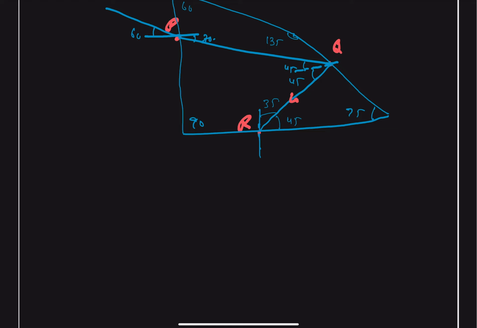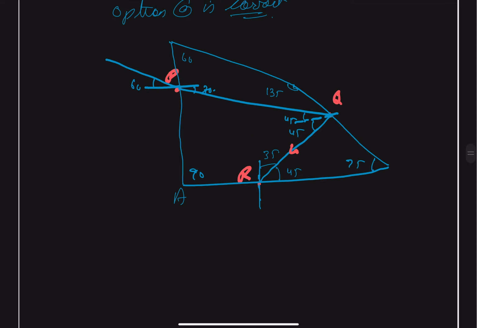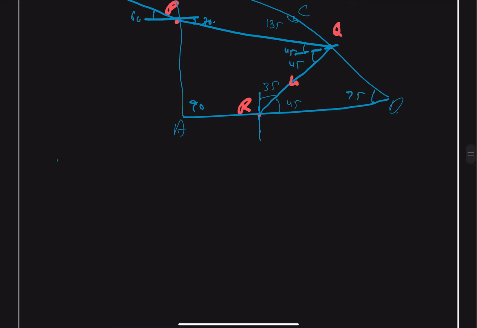And the angle at R, so this is my A, B, C and D. At face AD we have the angle of incidence as 35.